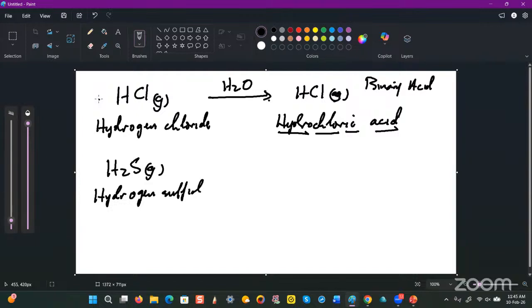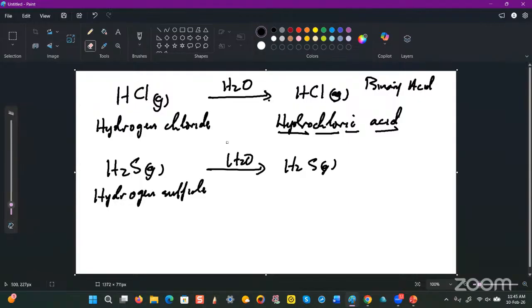And if this is added to water, it becomes H2S aqueous.